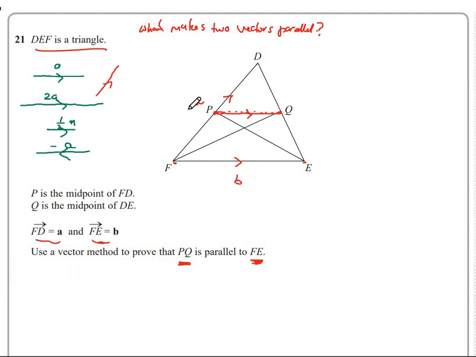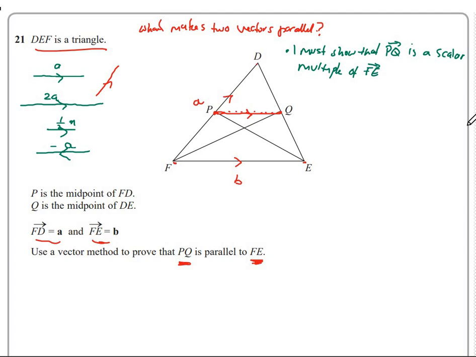So in order to show that PQ is parallel to FE, I need to show that they are scalar multiples of each other. Now I've reduced my question to: I must show that PQ is a scalar multiple of FE.